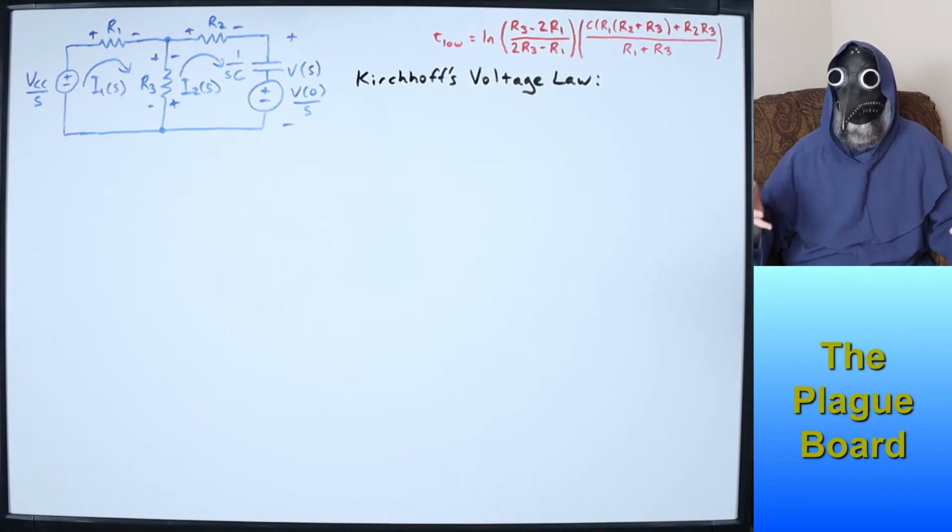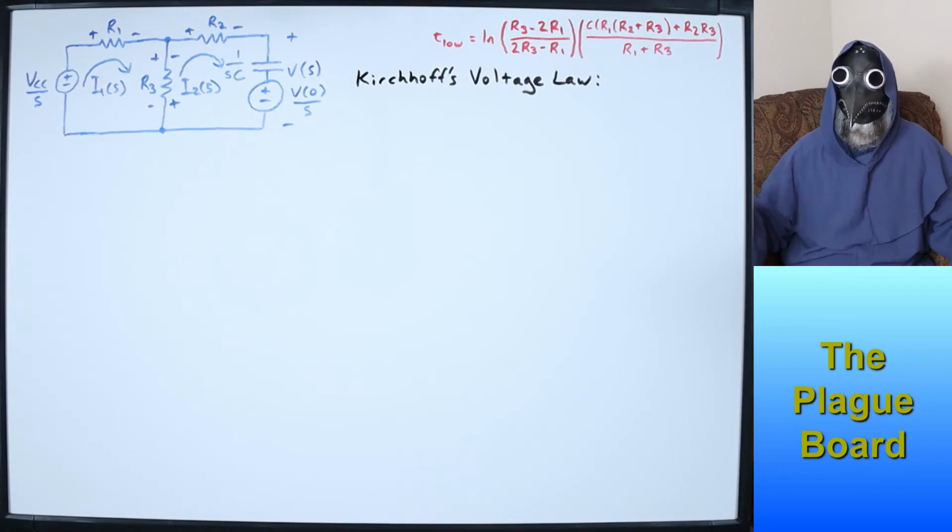For example, I1 flows into the negative terminal of VCC, so that voltage in the loop will be negative. By the same token, I1 flows into the positive side of R1, so the voltage across R1 will be positive. It doesn't matter which sign convention you use, just be sure you are consistent.